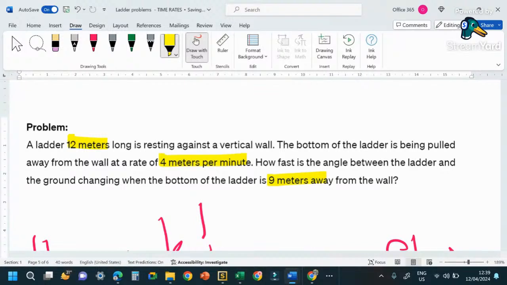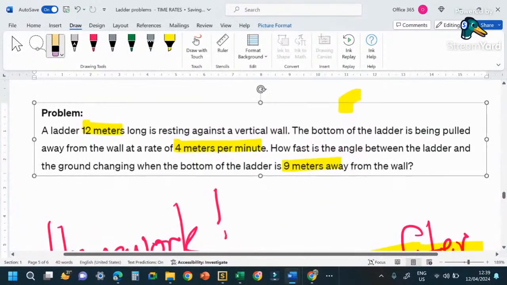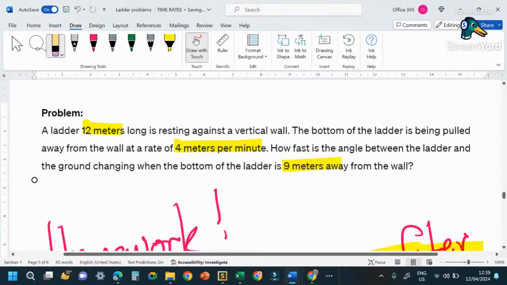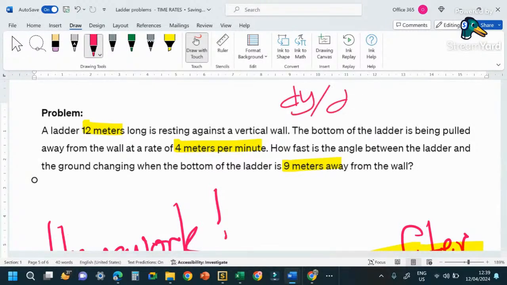So you have to get the dy over dt for this one, okay? Just to make the solution simple, the unknown will be dy over dt. Why? Because the 4 meters per minute is your dx over dt.